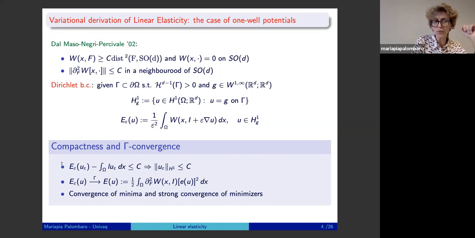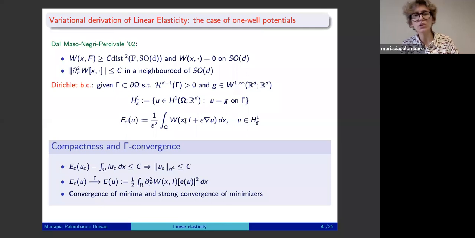So these two properties together imply that the sequence of minimizers will converge to the minimizer of the elastic energy. So this is the result, and the result is valid for one well potentials only.